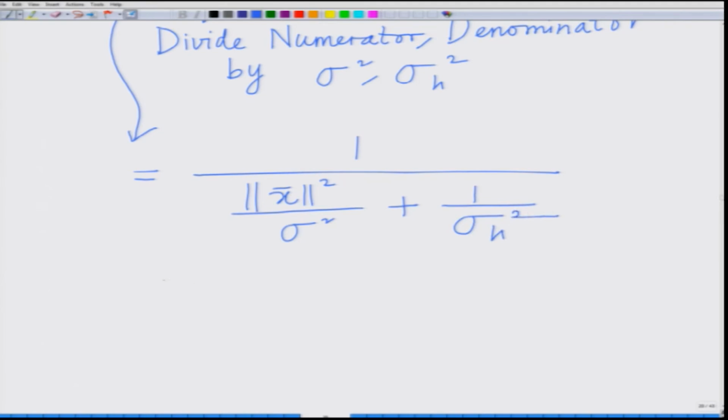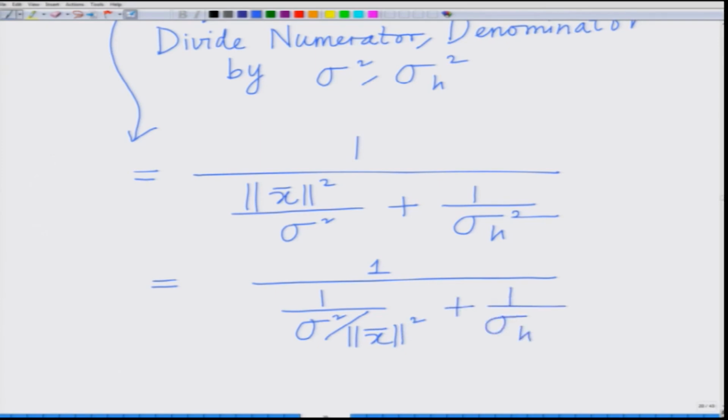You can verify this. Now I am just going to rewrite this as follows. I am going to bring sigma square to the denominator, and that can be written as 1 over, interestingly, sigma square divided by norm x bar square plus 1 over sigma h square.